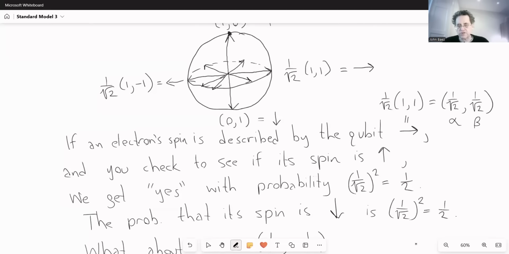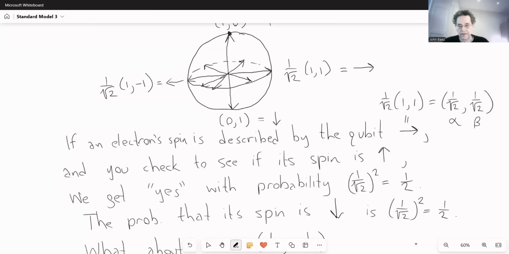And when you use those qubits, they will all have the same value of the absolute value of alpha squared and the absolute value of beta squared, but they will have different alpha and beta. So there's more going on in the qubit than just the probability of being spin up or spin down. So a qubit is much richer and more complex than a mere probabilistic bit.